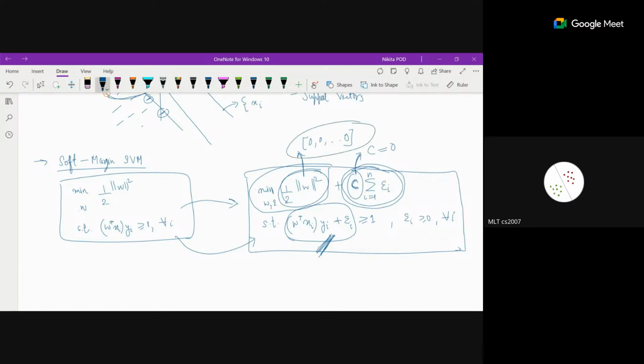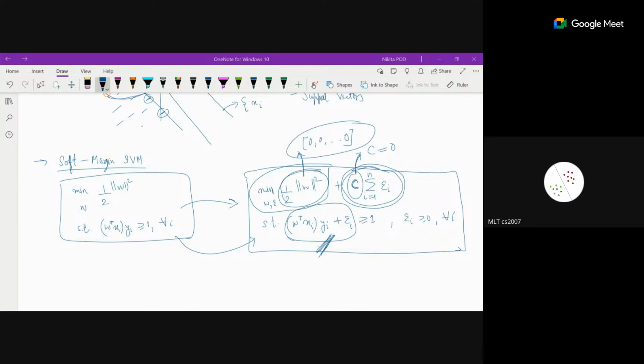So this 0 vector is always going to be my solution, no matter what. Do you agree that 0 would be my solution always? So that is why, to compensate, any point cannot just go to the right side.